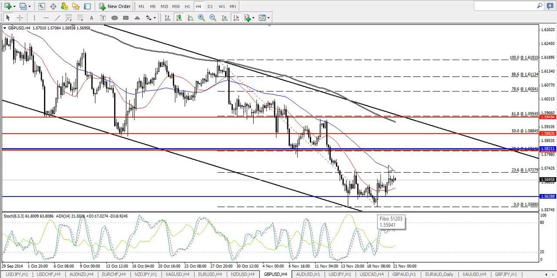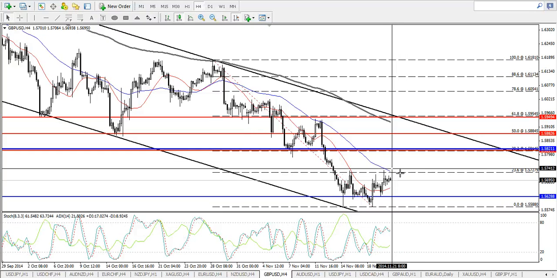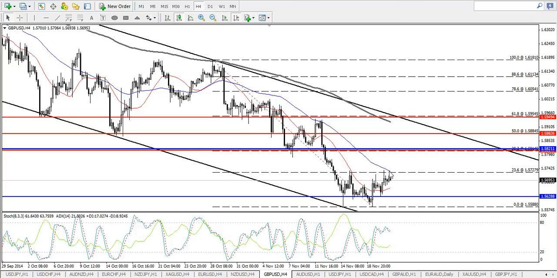Right, so not gonna do anything till it touches here, or unless it gets resisted at the 55 moving averages, and if there is some form of setup that might give another opportunity to short. But I will still be looking at the level of 1.5820, the 38.2% retracement level. That's somewhere that makes more sense to me.